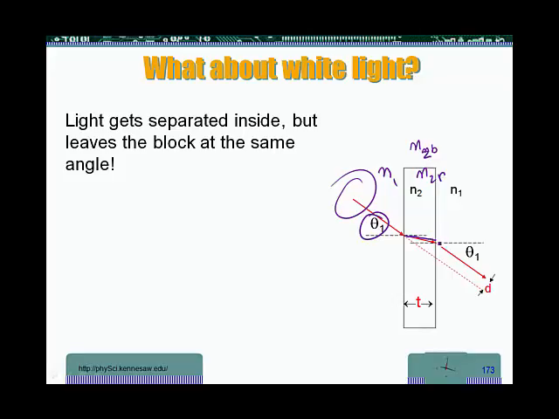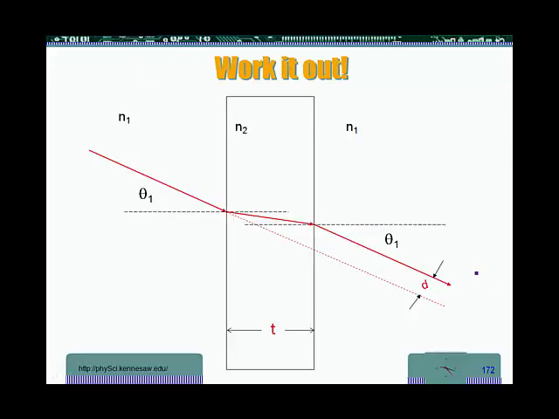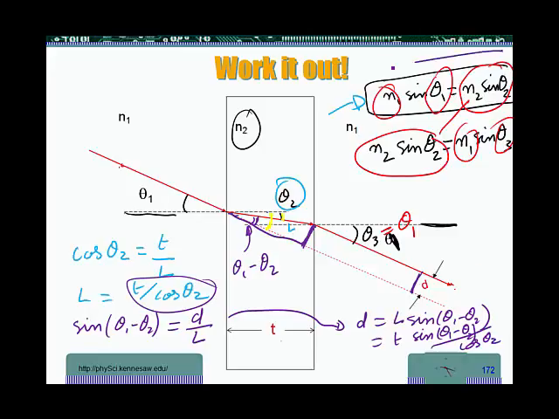However, when the beam reaches this end, we are going to use the same Snell's law. So it's going to reach the end of the slab at a different location. However, it's going to come out with the same angle theta 1, because again, we are going to apply whatever we did here.